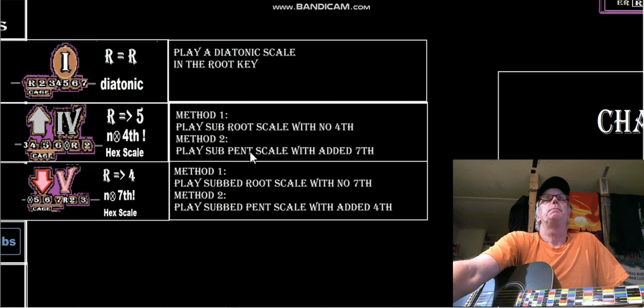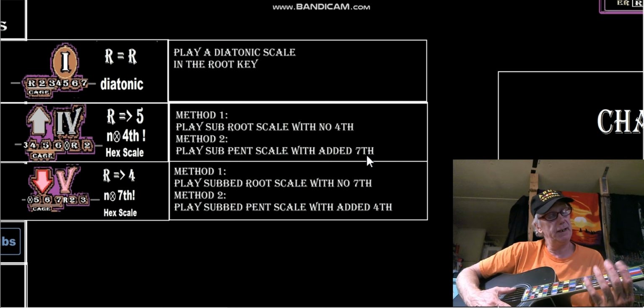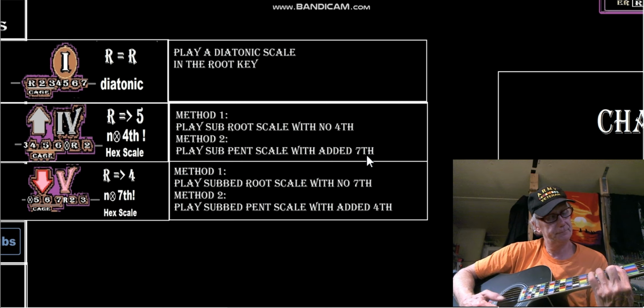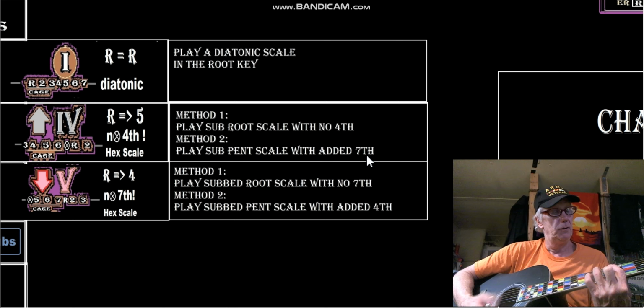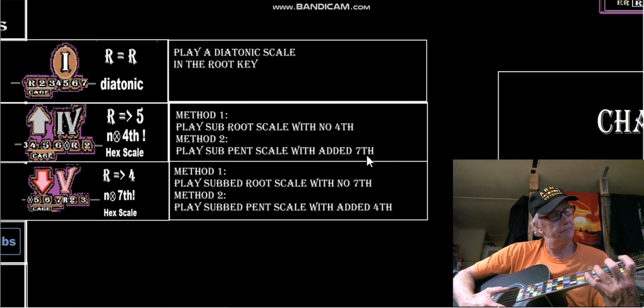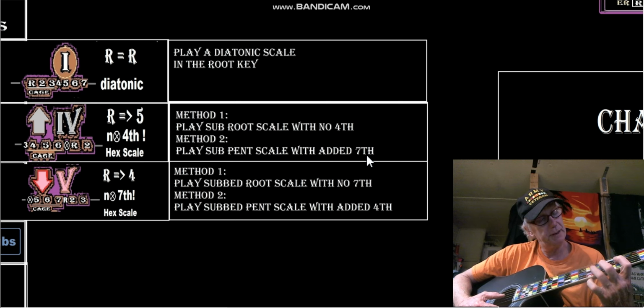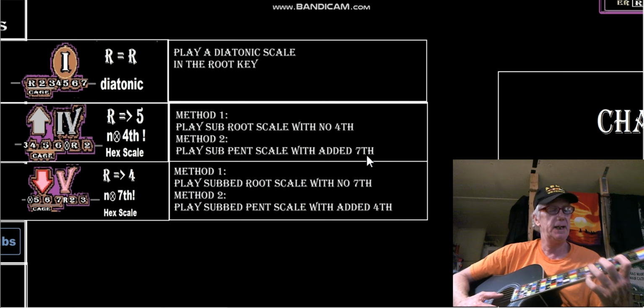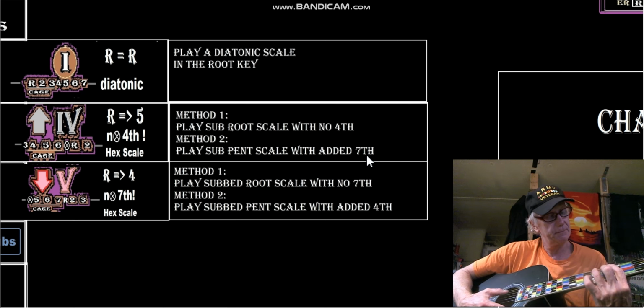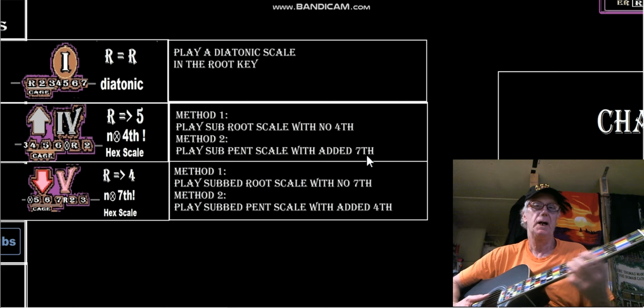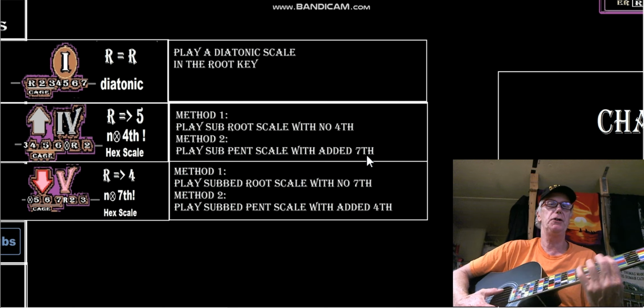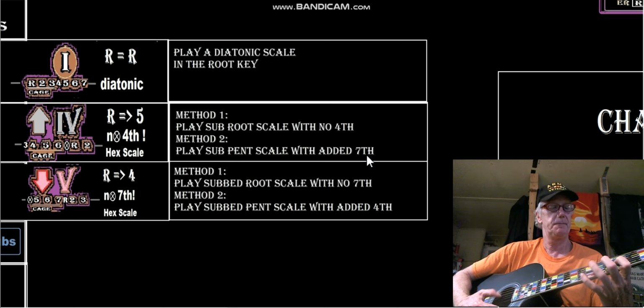Alright, or play a Pents subscale with an added 7th. So it would be like this. It's a Pents scale with an added 7th. Did we add the 7th? We didn't add it on the 3rd string, so it's. I like doing that better because I know my Pents scales.